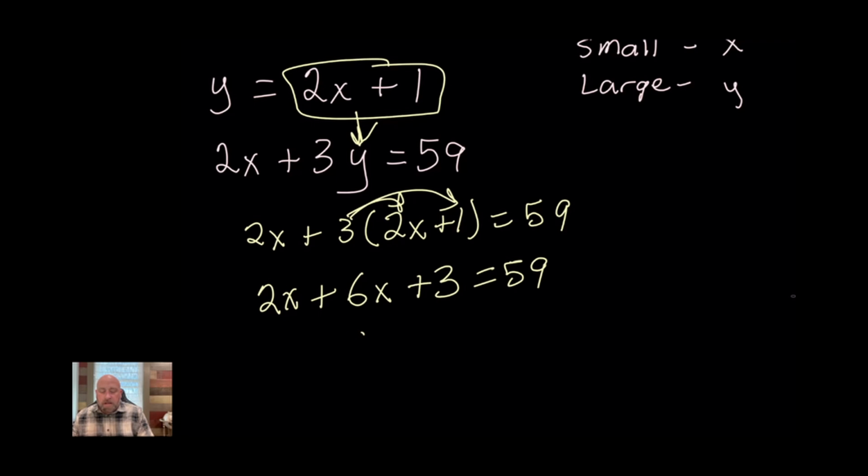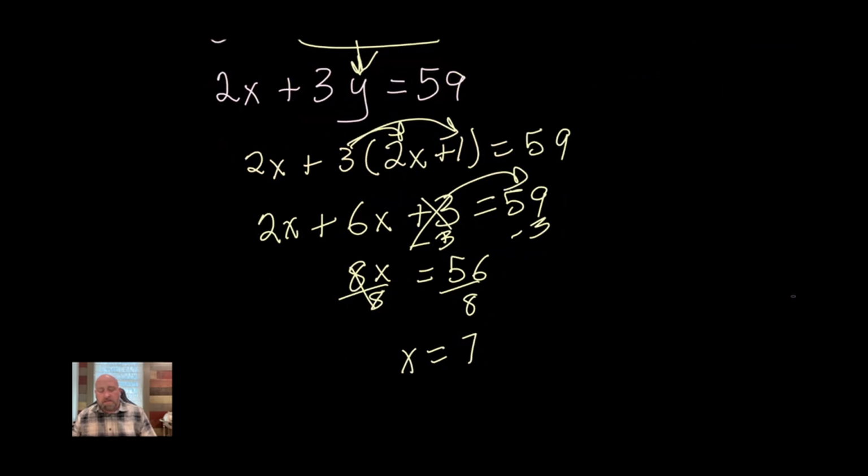That's going to give us 8x plus 3. We'll move that over by subtracting 3 from both sides, and we'll get 8x equals 56. And then we divide both sides by 8, and we end up with 7. And there we go. We have our x.